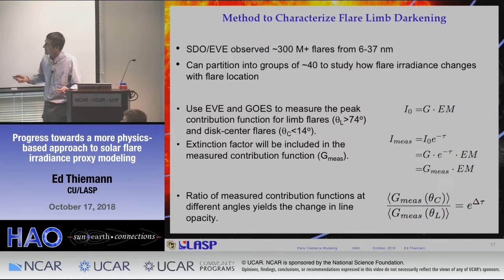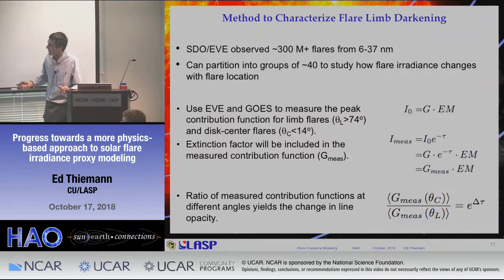And so now we can substitute I naught into this expression, and we're left with our measured intensity being related to our measured emission measure by the product of the contribution function and this extinction factor. We can lump these two terms together, so the measured contribution function has this extinction factor lumped into it.